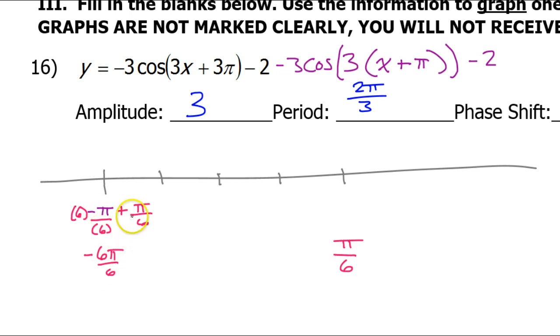So I'm going to add my quarter period, pi over 6. If I take negative 6 pi over 6 and add 1 pi over 6, that's going to make negative 5 pi over 6. And if I add another pi over 6, that's going to make negative 4 pi over 6. If I add again, I'm going to get negative 3 pi over 6. And if I add again, I'm going to get negative 2 pi over 6.